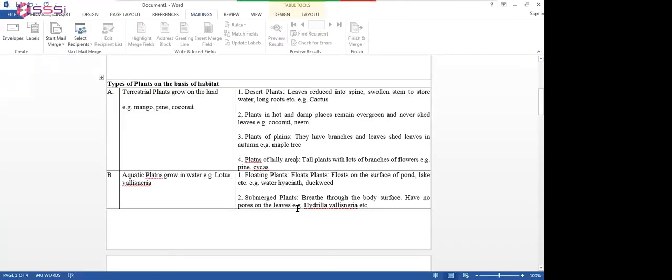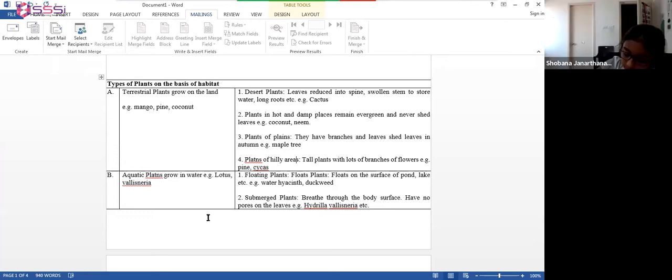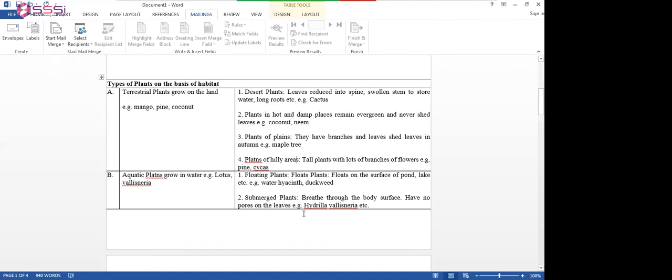Next is submerged plants. Submerged means they are within the water, fully within the water, not above the level of the pond.